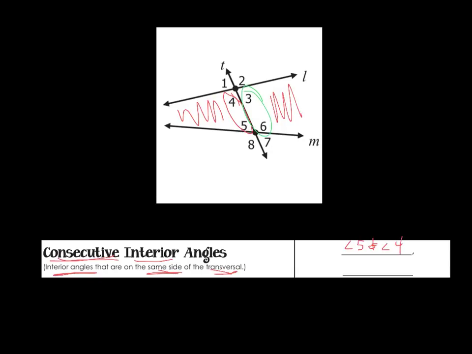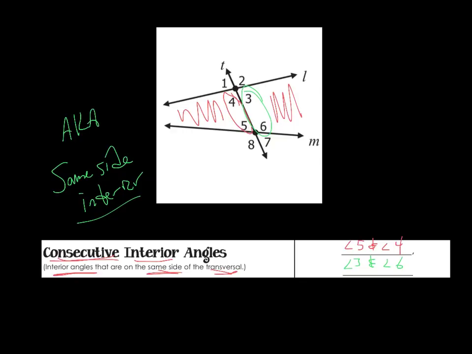And 3 and 6, angles 3 and 6, are on the same side of the transversal on the inside. Another name is same side interior, right? Same side interior is also an alternate name for consecutive interior angles. All right, now let's see what we can do with this.